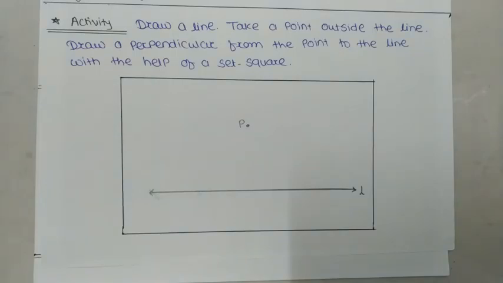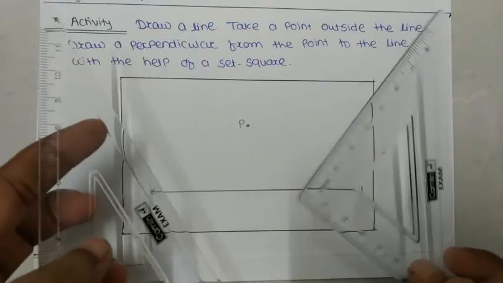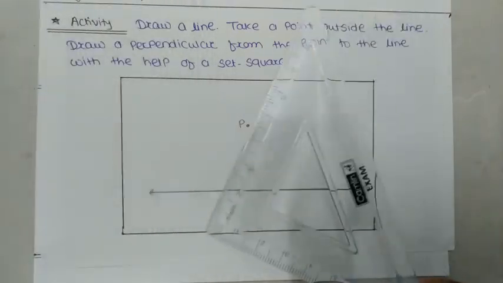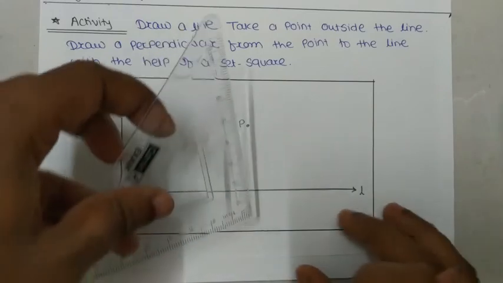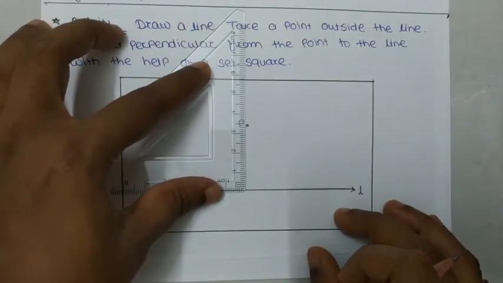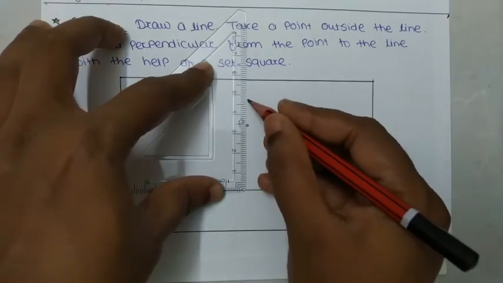There are two types of set squares like this. You can use any one of these. I will use this one. Put the set square like this. Clear? And draw the line.